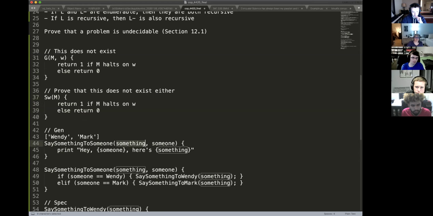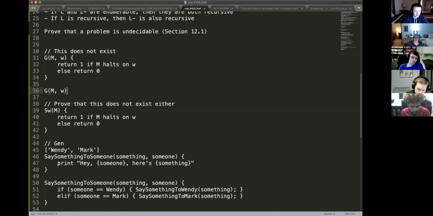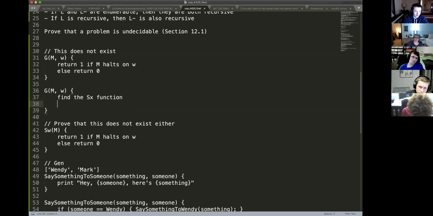And basically what she did with this whole find index of, she is saying that this G can now be rewritten exactly as we did before as find the SX function for W, which is guaranteed to exist, and return SX of M, right?